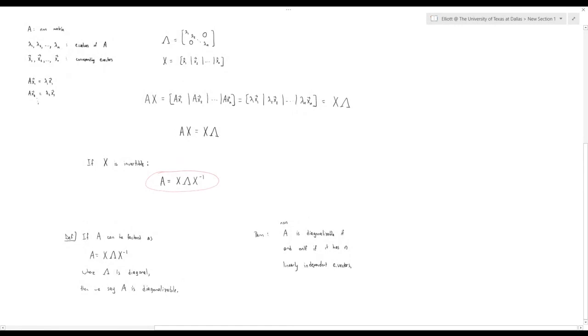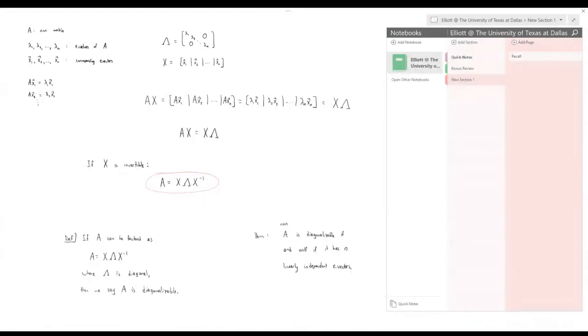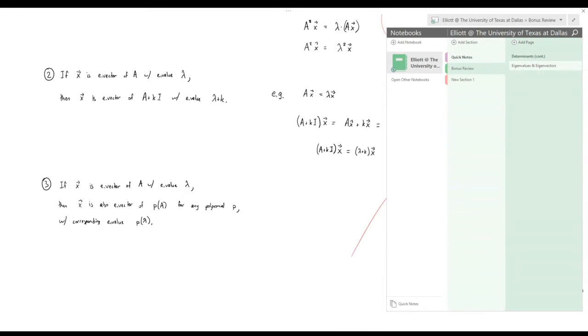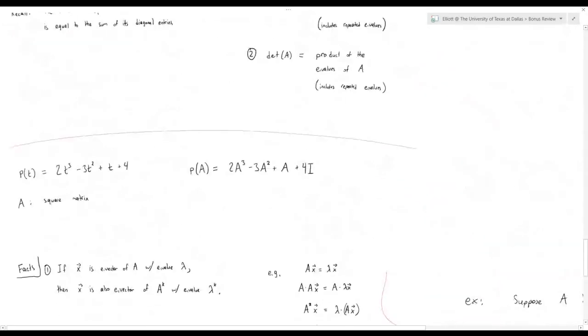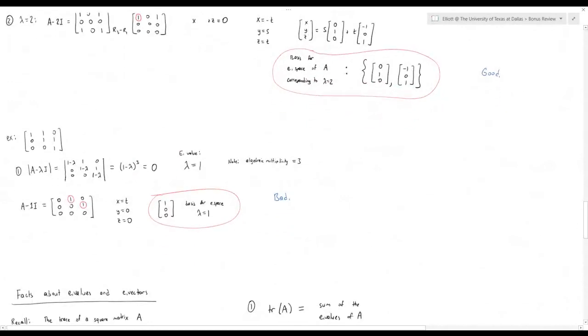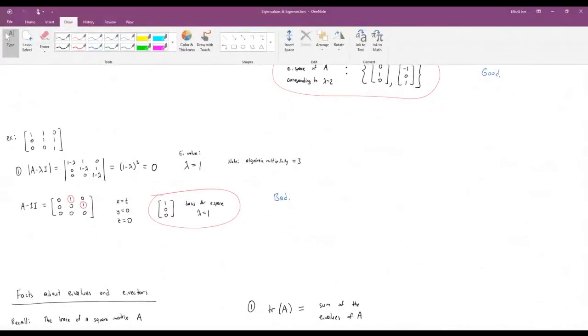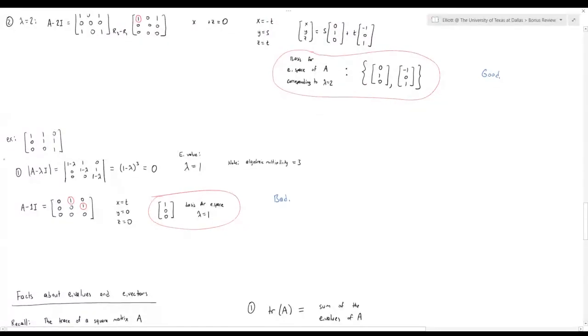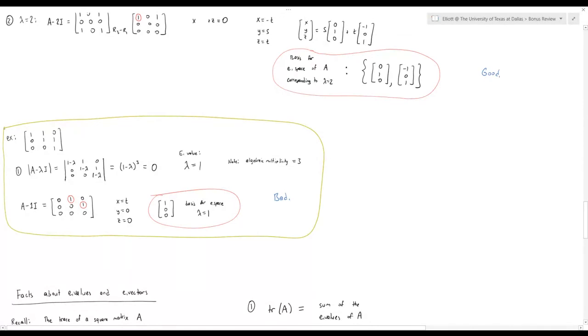Okay. So in my last video that I did last week during the break, we did see an example of a matrix that did not have enough eigenvectors. It's this one over here. For this matrix, we calculated the eigenvalues, and there's only one distinct eigenvalue.